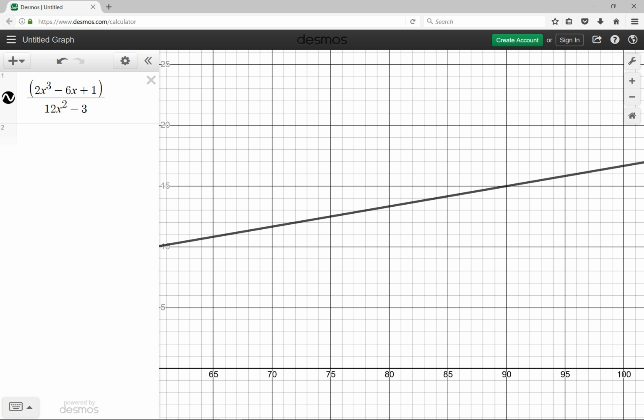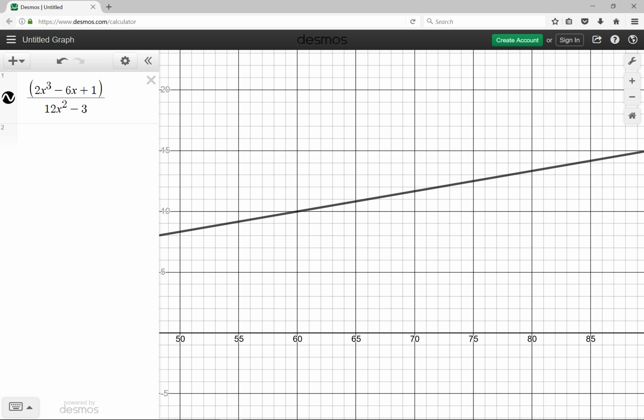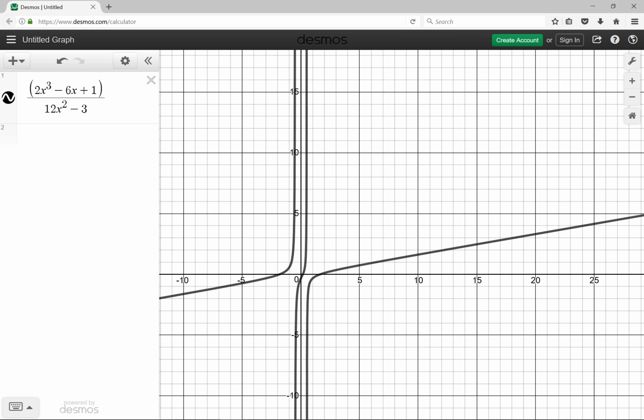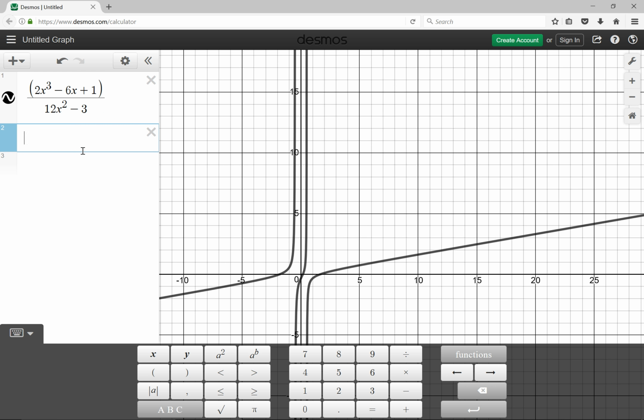Now you might remember back in Algebra 2, pre-calculus, you might have had a teacher that said to you, you have what is called a slant asymptote. This is a situation where we have that.